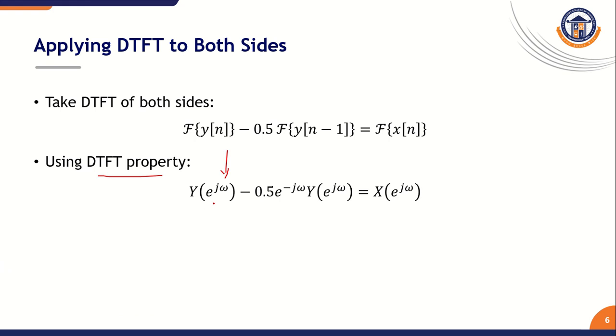Small y of n is written as capital Y of e power j omega. Small y of n minus 1 is written as e power minus j omega into capital Y of e power j omega. Small x of n is written as capital X of e power j omega.